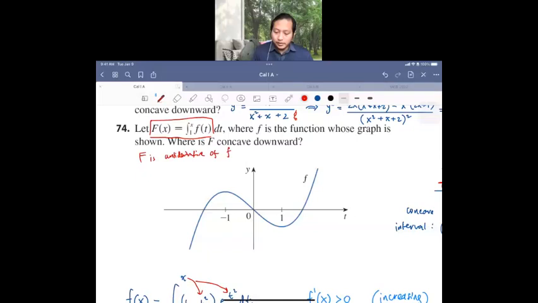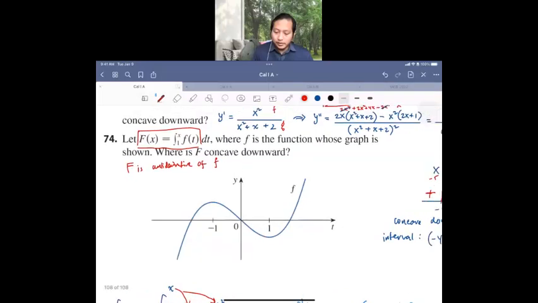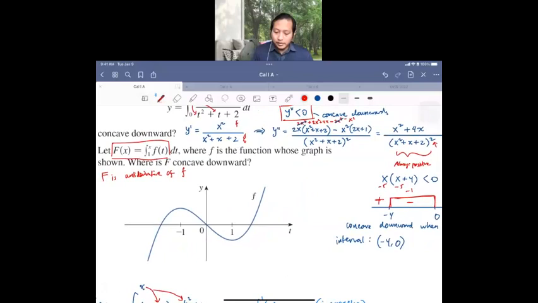And the graph is showing you the small f. This f. You need to be careful.